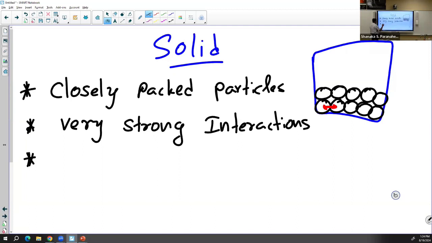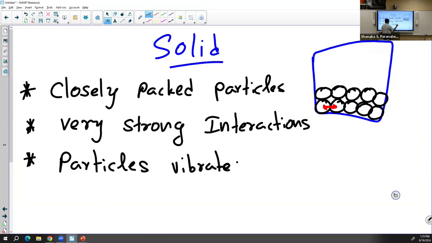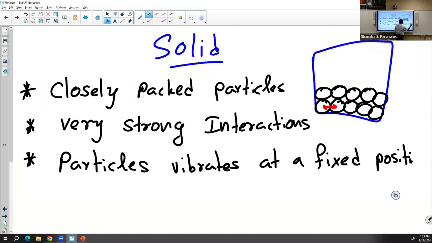So particles vibrate at a fixed position, which means a particle does not pass between other particles. It stays at a certain location and vibrates.